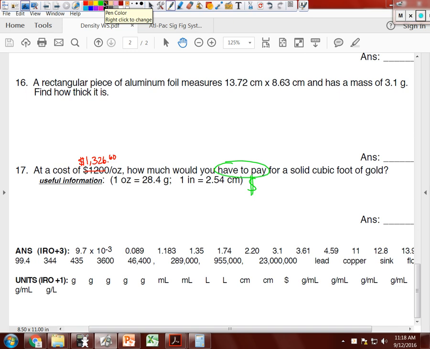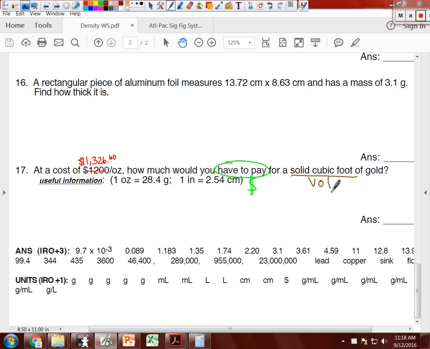So if you read it again, we have two pieces of data. Would you agree? The two pieces of data are the price per ounce and the volume. How do you know that this is a volume? Cubic foot. Very good. So do me a favor. Write volume underneath that.